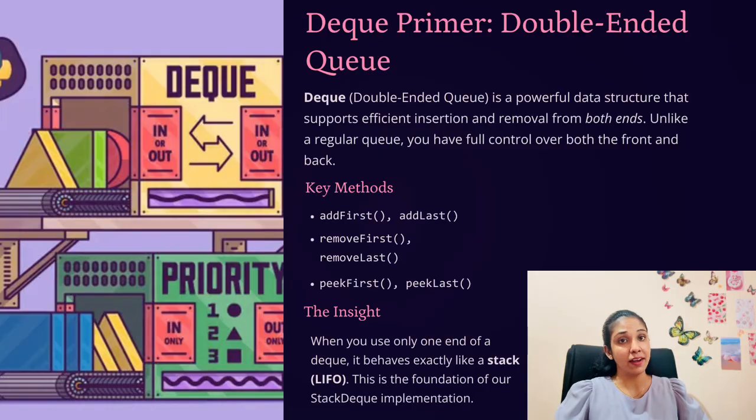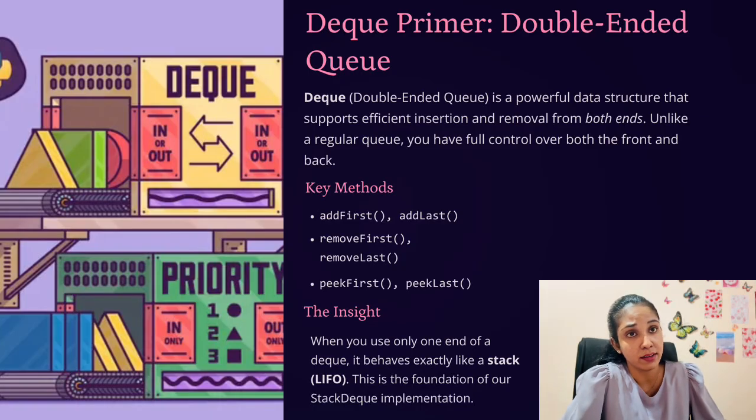Deque primer. Now meet the Deque, short for double-ended queue. Unlike a normal queue, it lets you insert or remove at both ends, the front and the back. Main methods: addFirst and addLast to insert, removeFirst and removeLast to delete, peekFirst and peekLast to inspect elements.